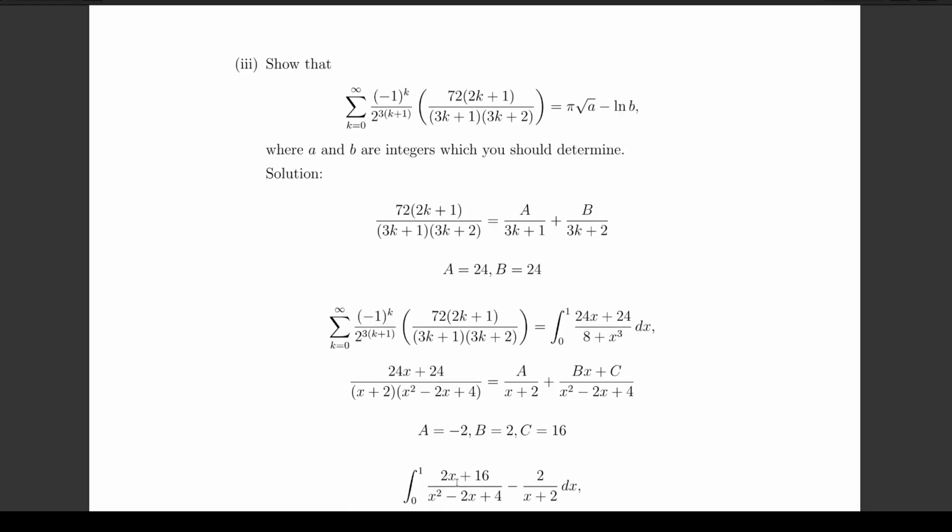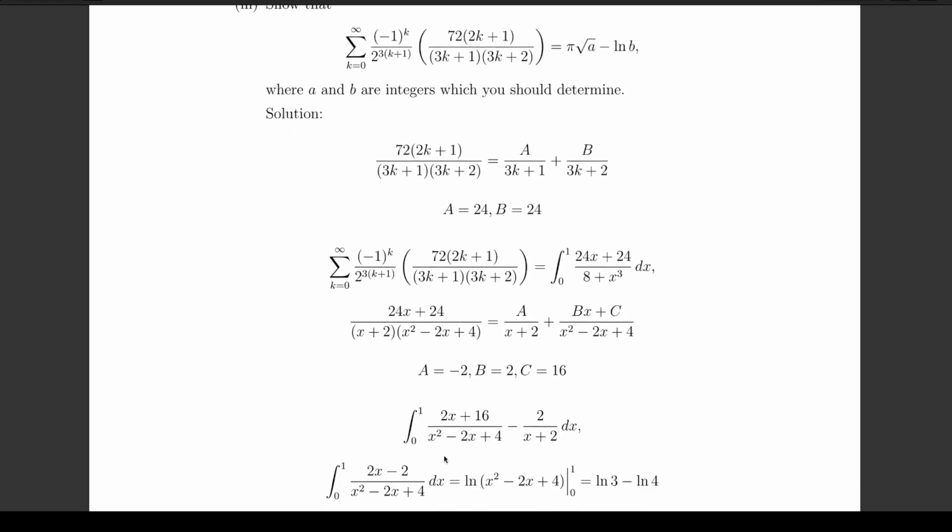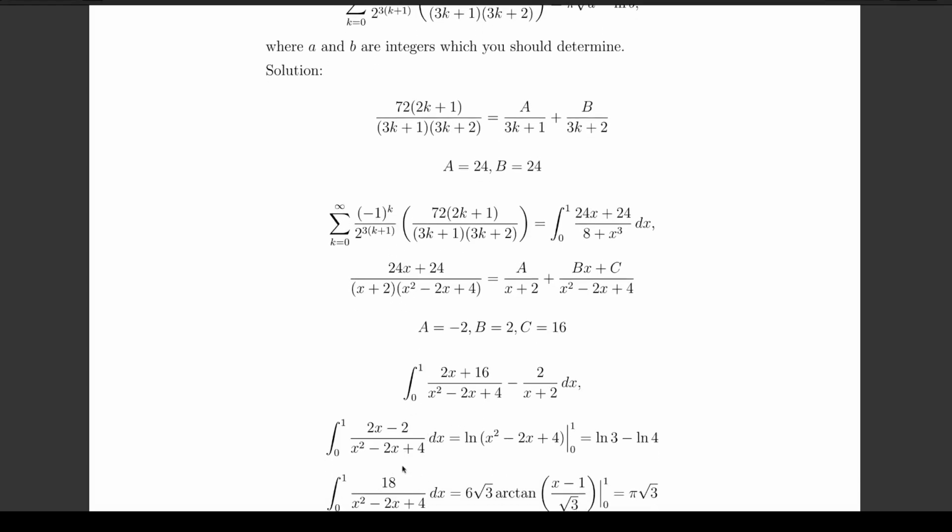But what we can do is in the numerator, we can do -2 and then +2, right? Because that would have no effect. I mean, the overall sum of that is 0. And then we would be able to do the reverse chain rule on the denominator easily. So something like this, right? But because we minus 2 on the top, we need to add 2, so we get an 18 there.